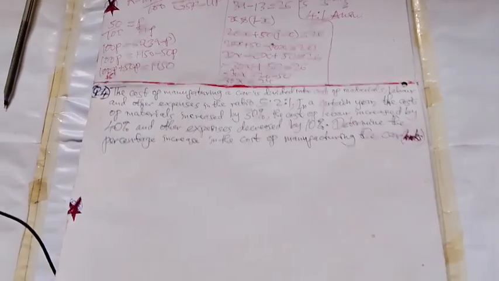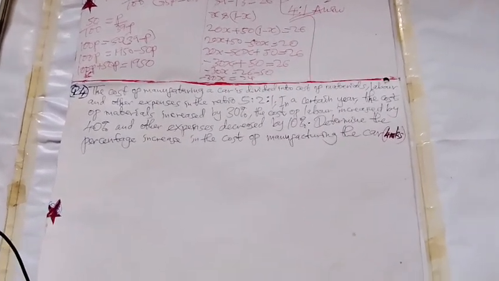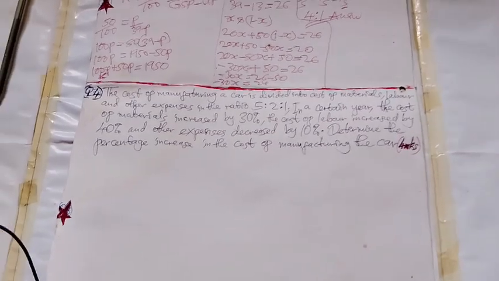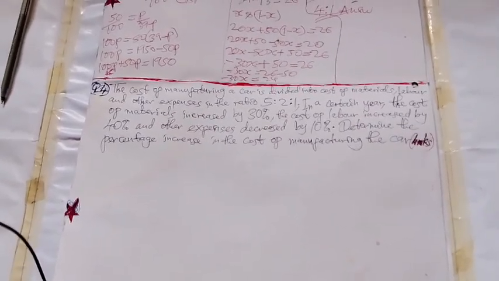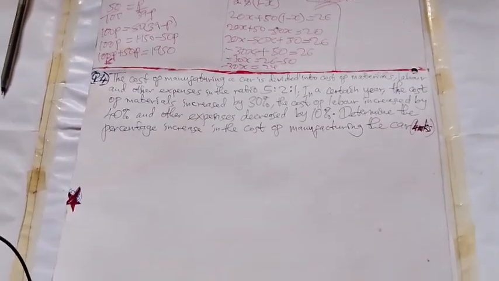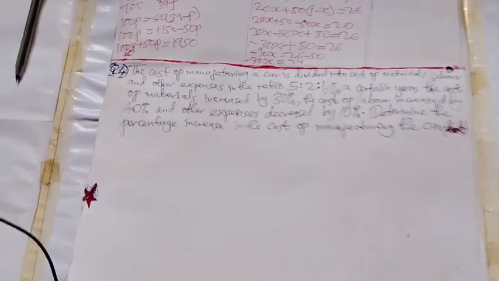In a certain year, the cost of material increased by 30%, the cost of labor increased by 40%, and other expenses decreased by 10%. Determine the percentage increase in the cost of manufacturing the car. 4 marks. So for this case, we say solution.